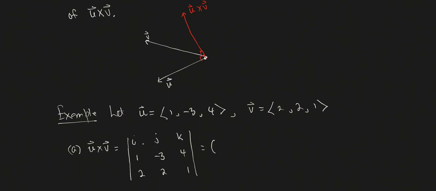So again, I'm going to do the blocking out. When I block out the first column and the first row, I'm going to be left with the -3, 4, 2, 1. Let me write that step, since this is our first numeric example of computing the cross product.